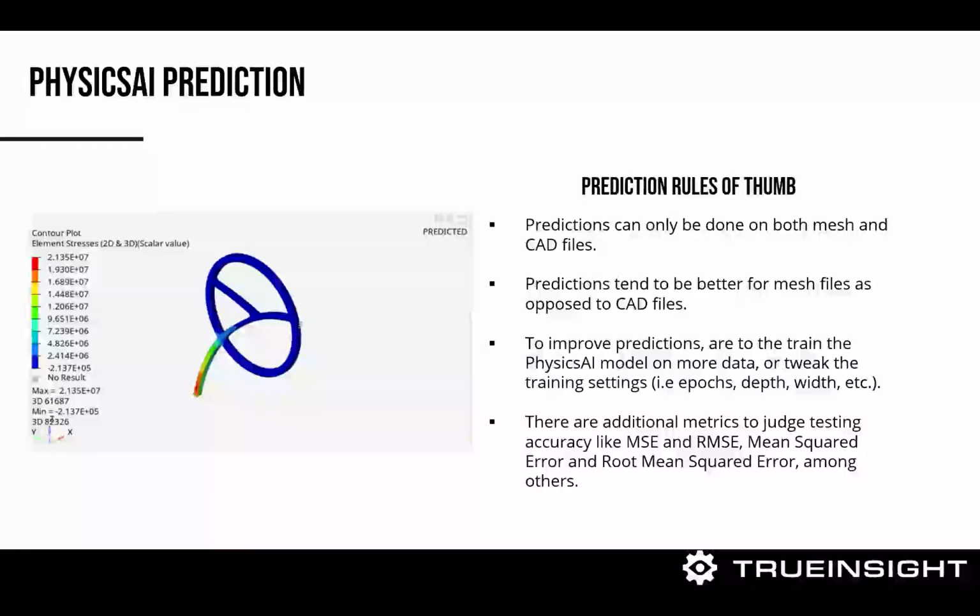As a typical rule of thumb, predictions tend to be better for mesh files as opposed to CAD files, but you can do predictions on CAD models if you want to. As I already mentioned at the beginning of this webinar, to help the prediction, typically you want more data.